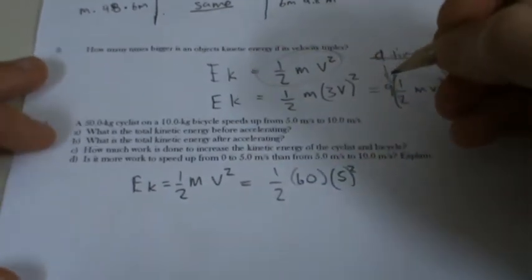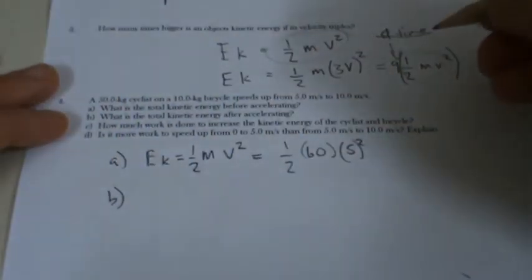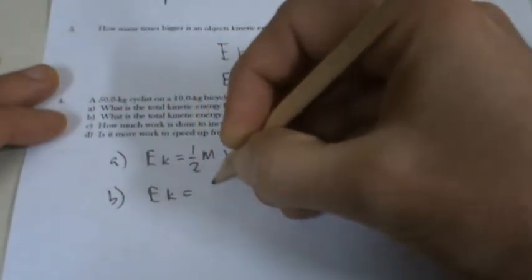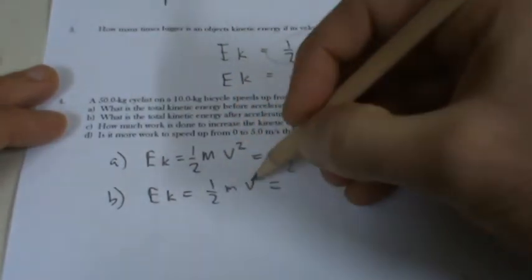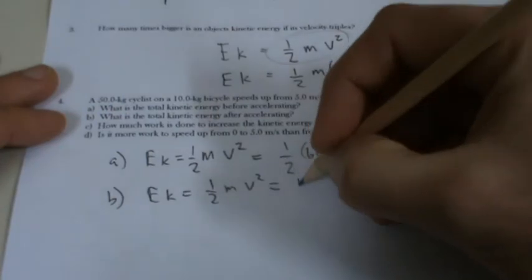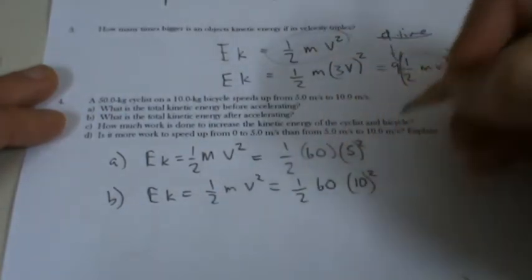So it's 1/2 times 60 times 5 squared. That's part A. Part B, what is the total kinetic energy after accelerating? It depends on his velocity and mass after accelerating, so it's 1/2 times 60 times 10 squared.